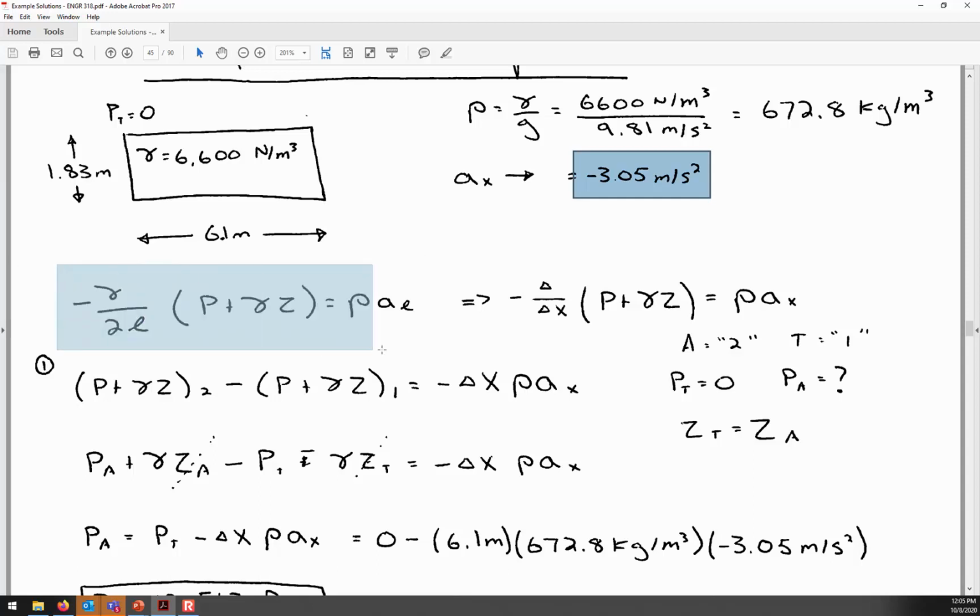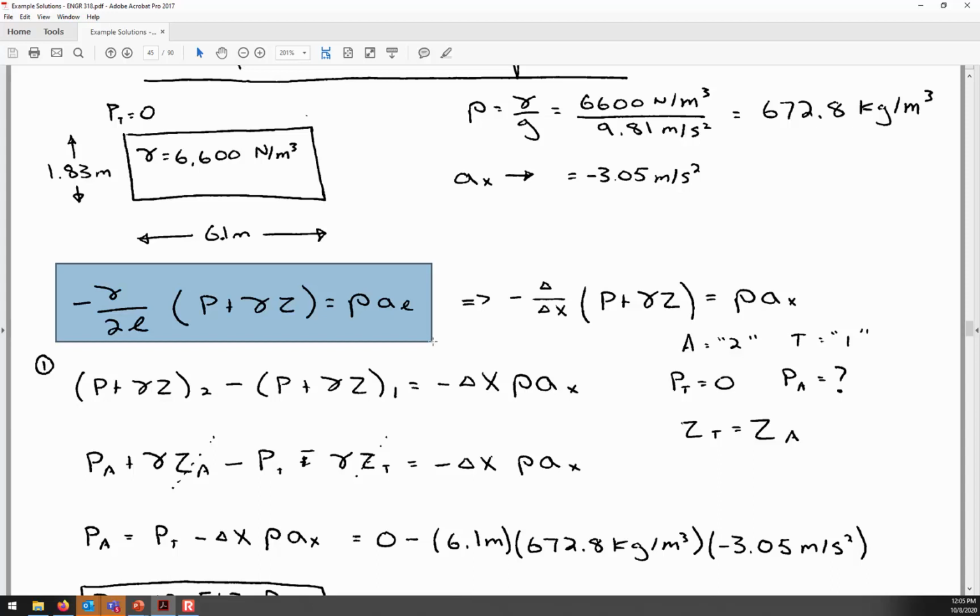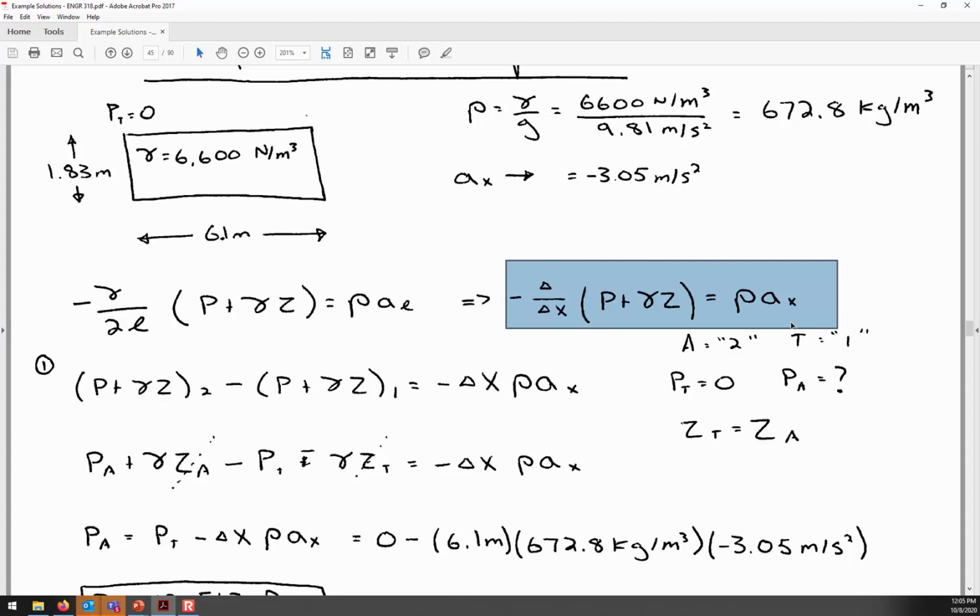And so here is Euler's equation, and you can see that I went through the process of assuming that we have a linear variation between the points in the piezometric pressure, and so rather than doing a partial differential, I'm just saying now it's a delta, and location 2 is A, and location 1 is T. So what I'm saying here with Euler's equation is I want to find the pressure at A, and you can see that I've already canceled out the Z sub A term because the elevation of location A is the same as the elevation of location T. And the minus sign that's here from 2 minus 1, I distribute that through.